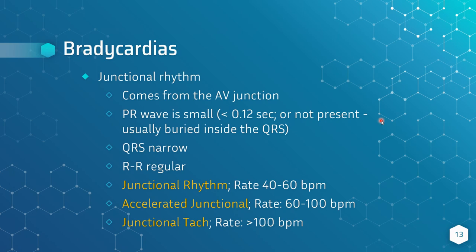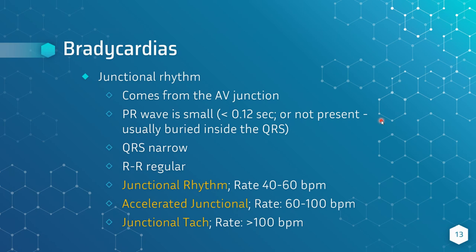But at the same time, since they're connected, it can actually send an impulse up to the atrium. And so you sometimes do get a P wave, but the PR interval is very small, less than 0.12 seconds. And sometimes it's not even present, and it could be just buried in the QRS.